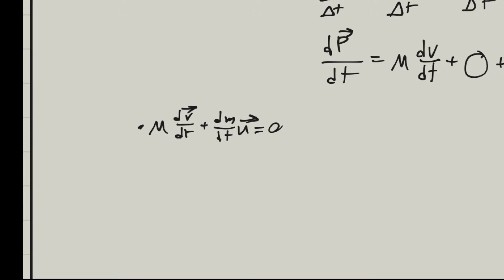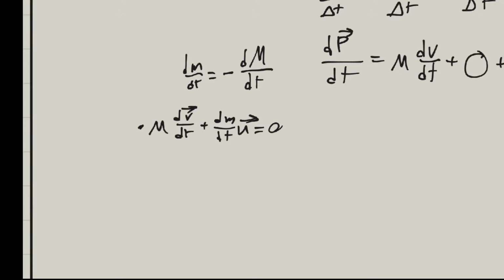So instead of writing dm over dt, let's just establish that d little m over dt, the small amount of fuel being ejected, is equal to negative d big M, the change in mass of the rocket, over time. It's just a negative of that.